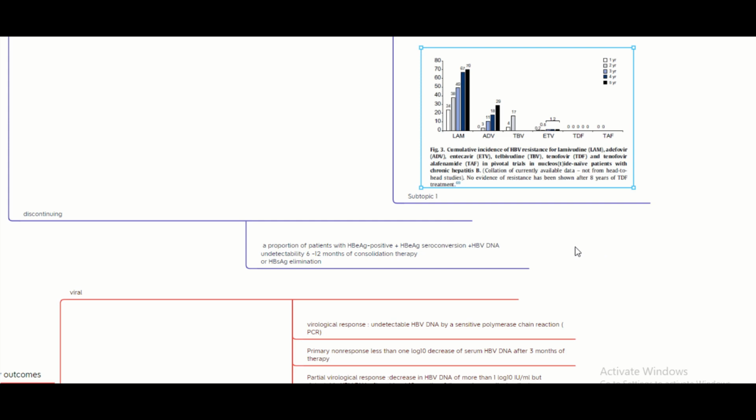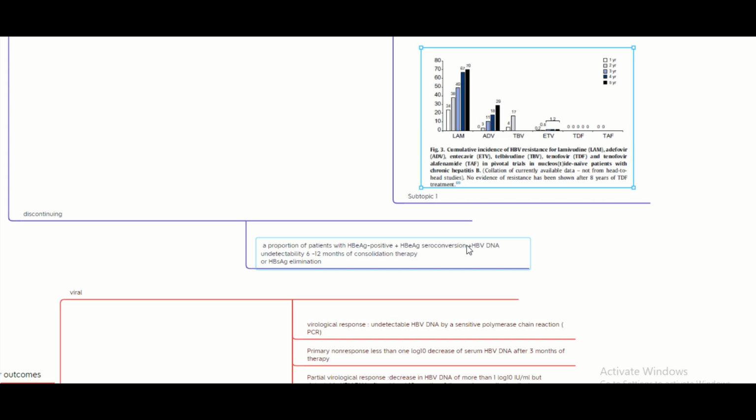If the patient has two PCR tests of HBV DNA one year apart and hasn't had any flares within this year, this patient may stop his NAs.